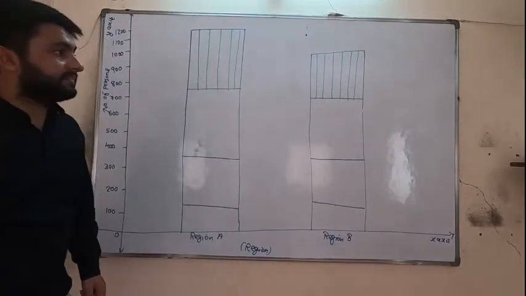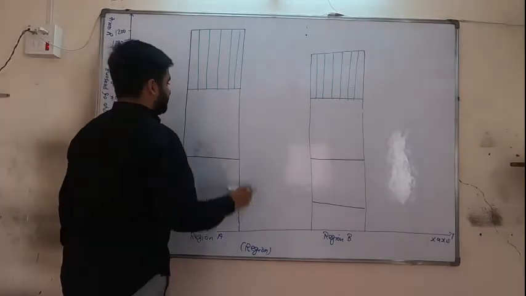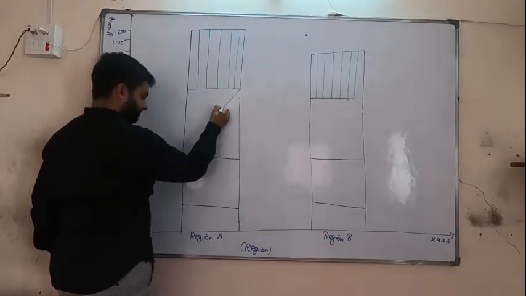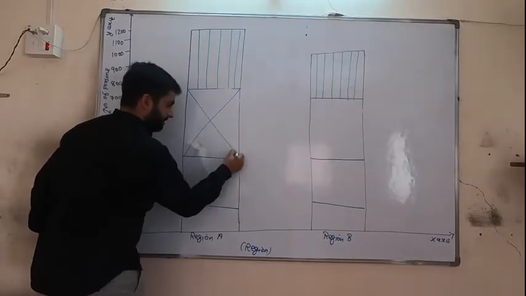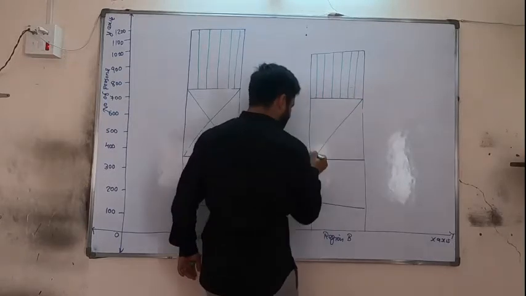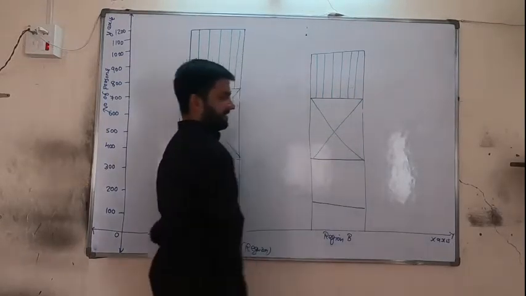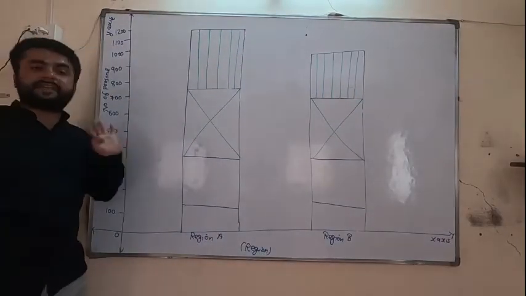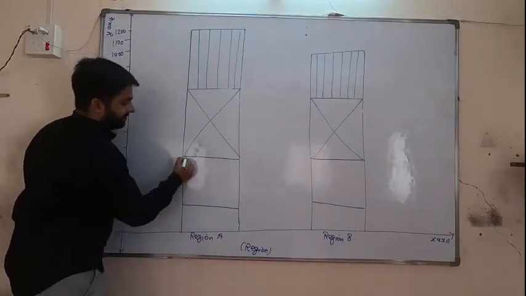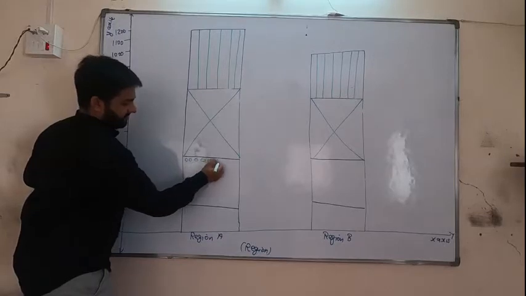Then the second type will be of this type. This is the second type of design. This was the first type of design. Now this is the second type of design. First type, second type, the board should be same. Now the third type, bubbles.